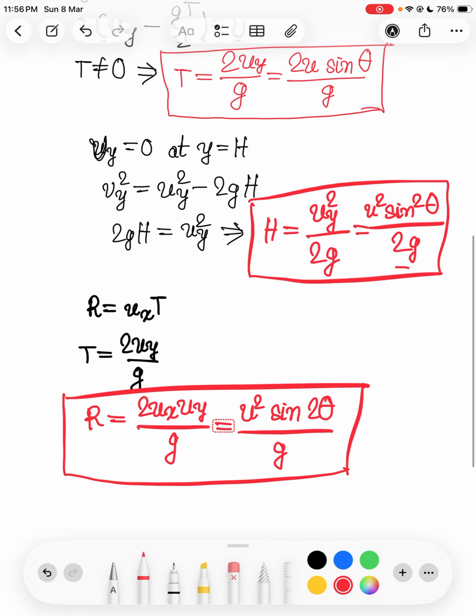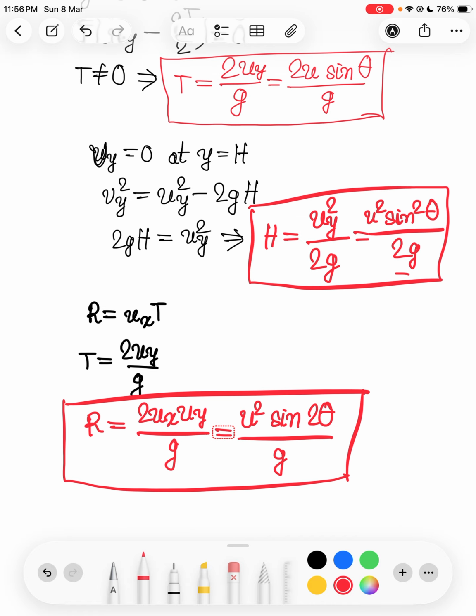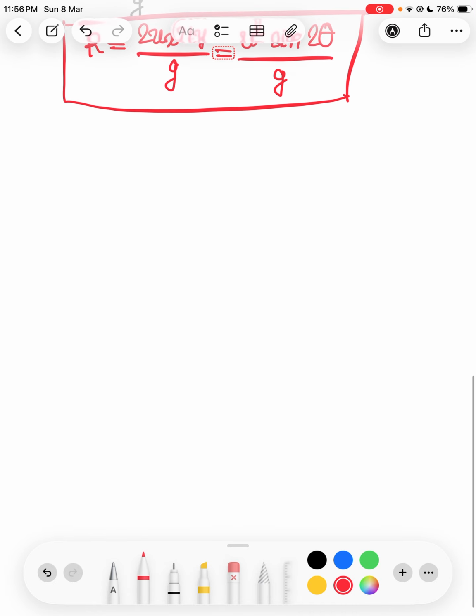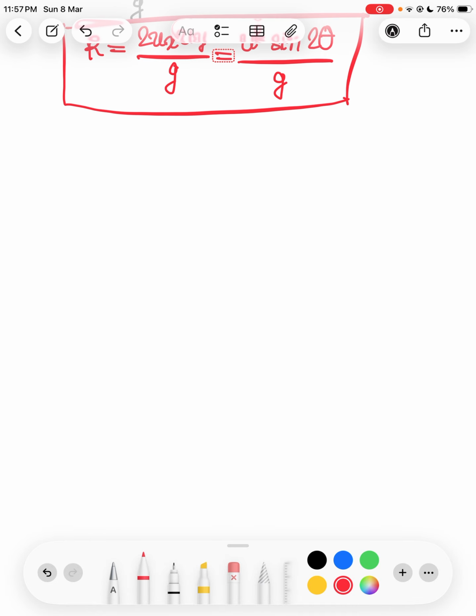Okay, so we have derived the time period, the maximum height, and the range of a projectile. The next thing that comes into the picture is the trajectory of a projectile.